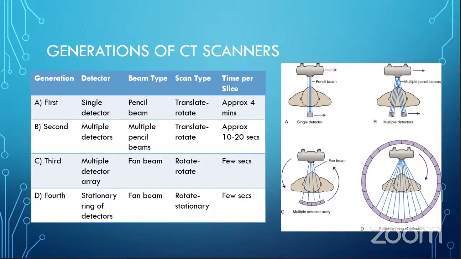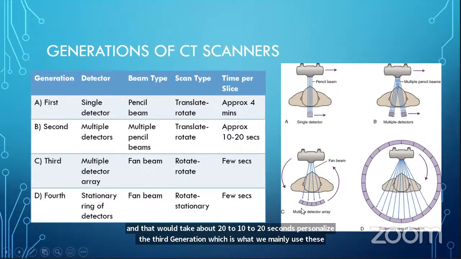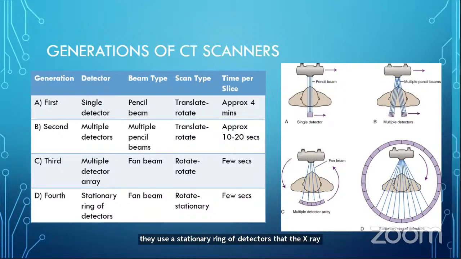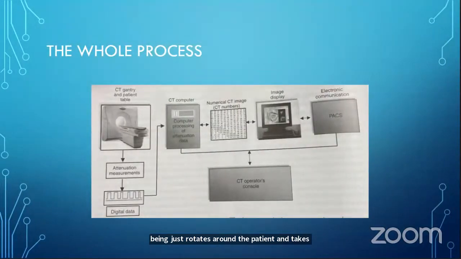The third generation, which is what we mainly use these days, has multiple detectors at the bottom here, and it uses a fan beam for the X-ray. So we're getting lots of different viewpoints with the X-ray beam, and they strike multiple detectors that you can see at the bottom. The fourth generation of scanners kind of came around the same time that the third generation scanners did, and they use a stationary ring of detectors that the X-ray beam just rotates around the patient and takes pictures. And both of those just take a few seconds.